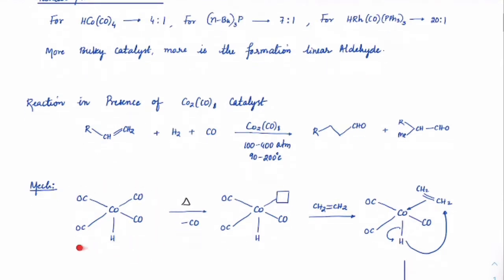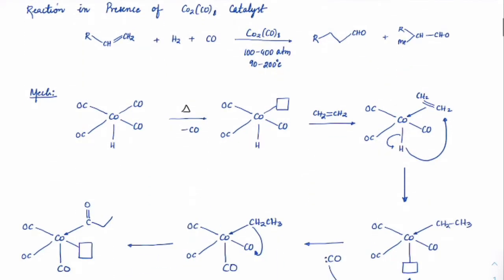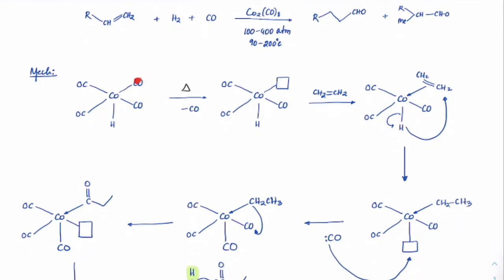On heating, this will keep losing carbonyl groups. One carbonyl is lost, and that position is occupied by the alkene. You may have learned this in coordination compounds, where CO is replaced with CH2 here. Then this hydride will shift, that got added.